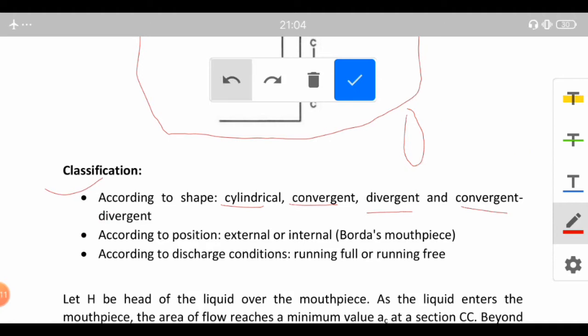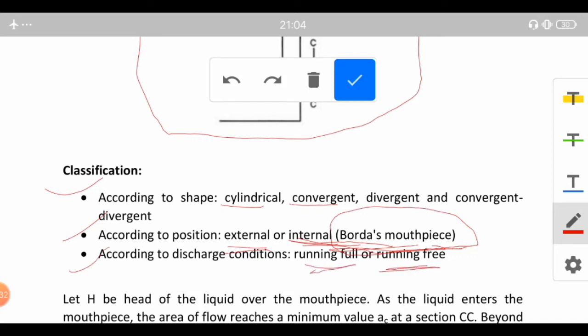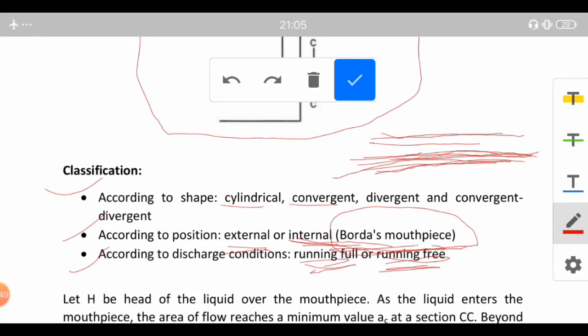According to the position, it can be either external or internal, and the internal mouthpiece is also defined as Borda's mouthpiece. Borda was a scientist who worked on this internal mouthpiece. And according to the discharge conditions, it can be running full or running free. It means the mouthpiece will either be full of water, which is said to be running full, or it will be running half full, meaning half of it is free, and that is known as running free.